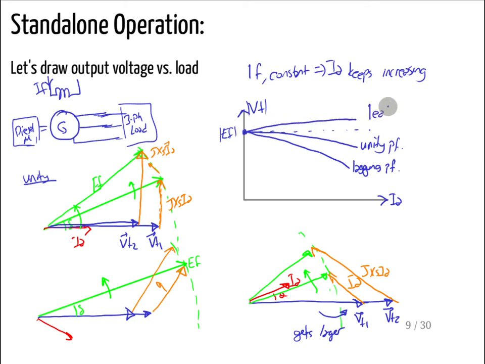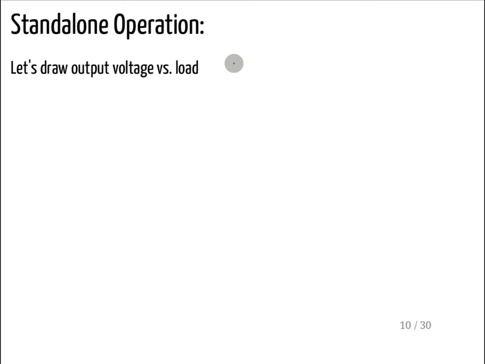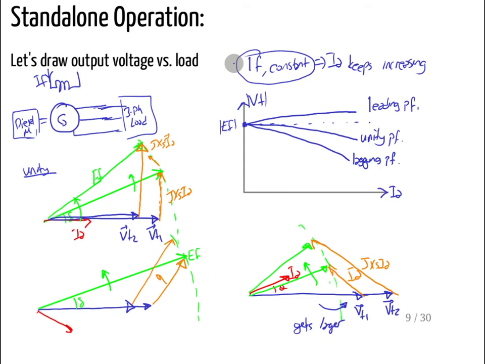So leading power factor. So this is, of course, if field current is constant, but of course, we don't want that kind of operation normally. What we want is, we have the automatic voltage regulator, AVR, and the AVR compensates for that voltage drop by increasing or decreasing the field current.